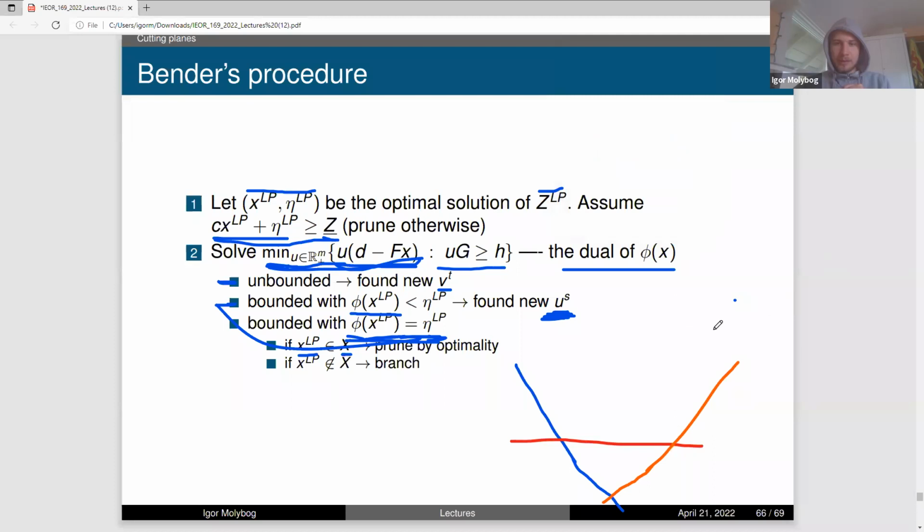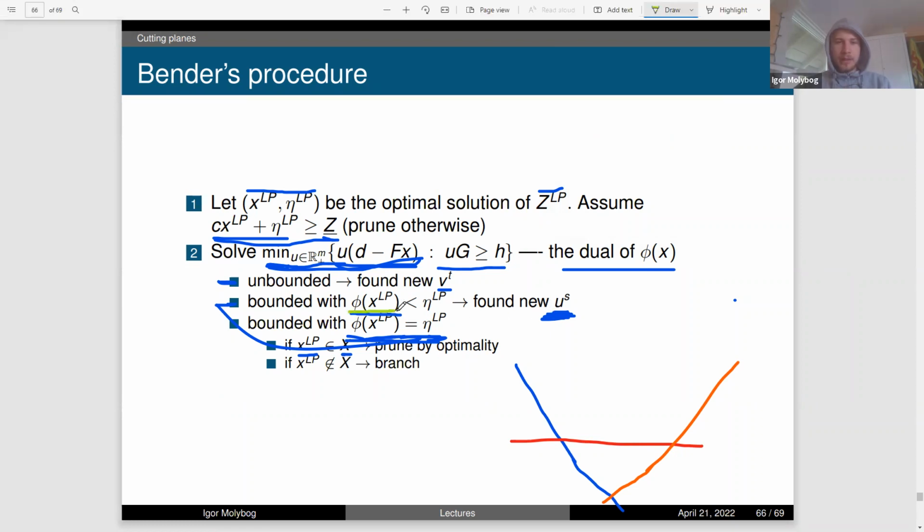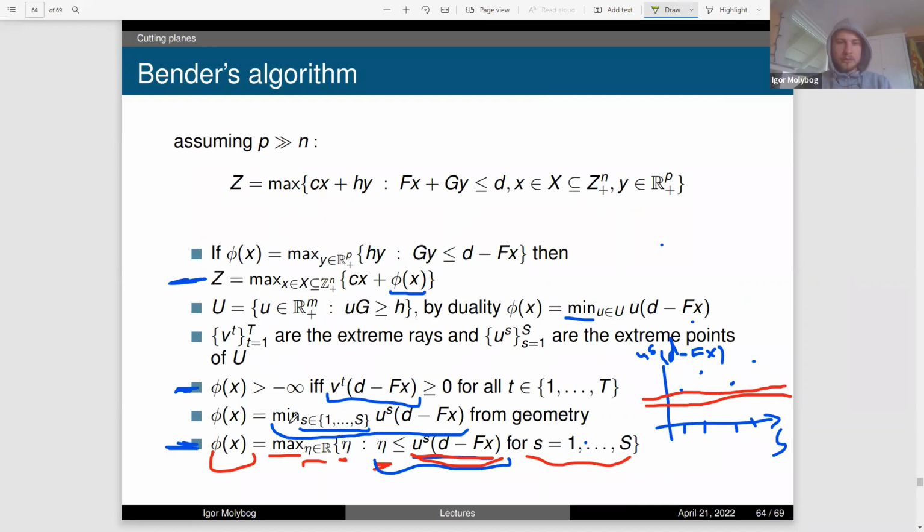So we know that our phi takes the minimal value over all of the U's times d minus f of x.